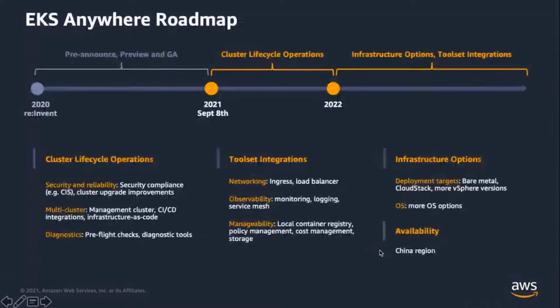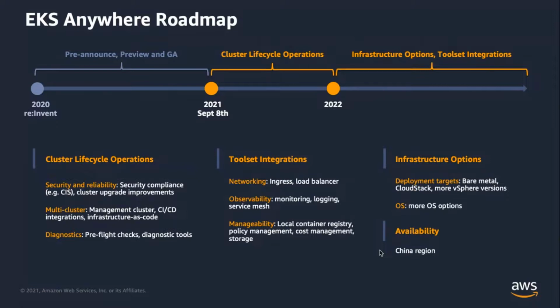Thank you, Gaku. Let's go to the next slide. Now that we have seen what is available in the EKS Anywhere package out there today, let's take a look at what we will add into the package in the future. EKS Anywhere entered general availability on September the 8th this year.